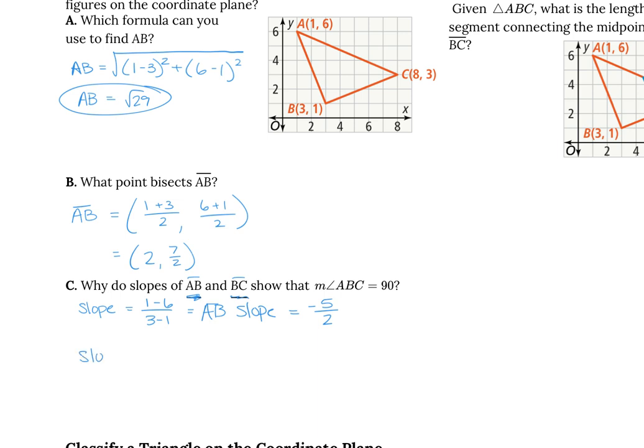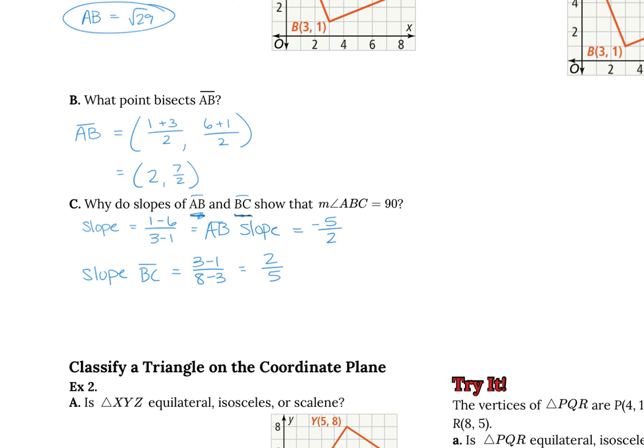All right, slope for BC. Three minus 1 over 8 minus 3. That's going to simplify down to 2 over 5.